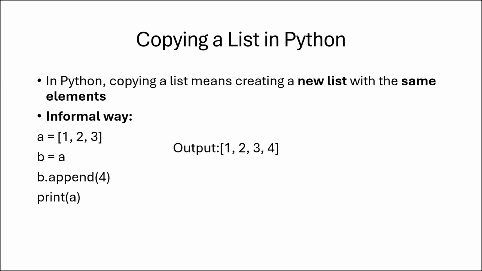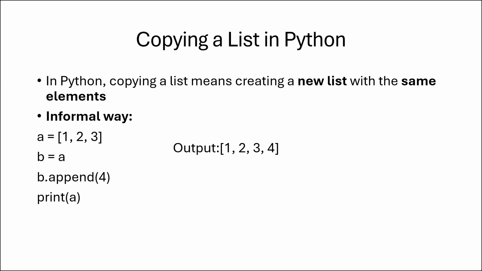In a sense, it doesn't copy the object alone, it also copies the references. Whatever modifications we do in a are also reflected in b. Hence, it is considered an informal way of copying, because it actually copies the references. So it is considered an informal way.